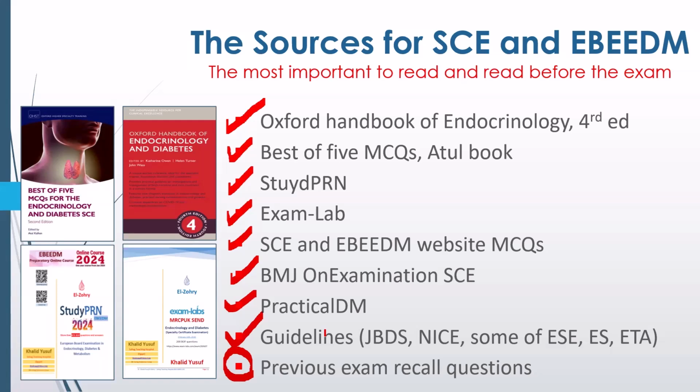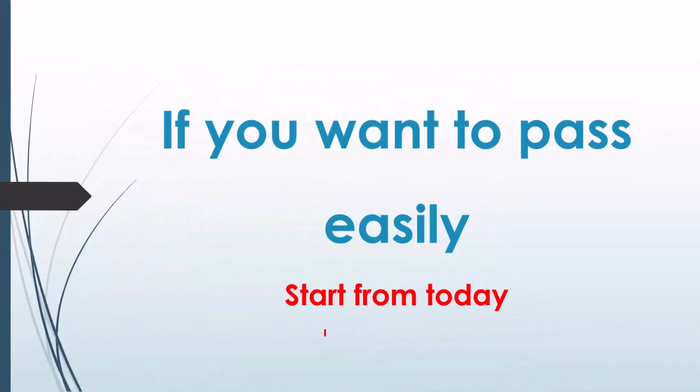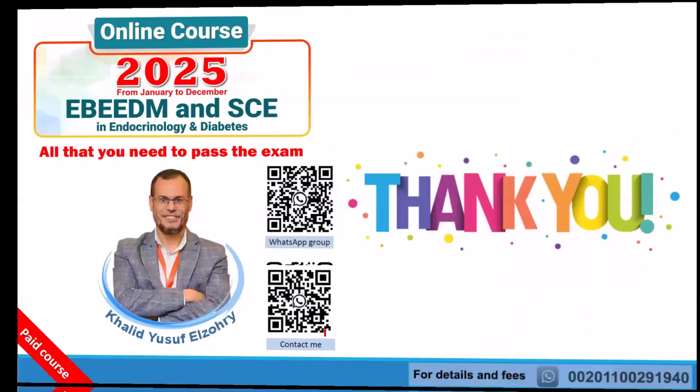And of course, each time I will announce whether this question was presented in previous exams or not, to focus on it and to write your own notes in the Oxford Handbook. This is all you need to study for the subspecialty examination and European board. If you want to pass easily, please start from today studying and solving the questions.